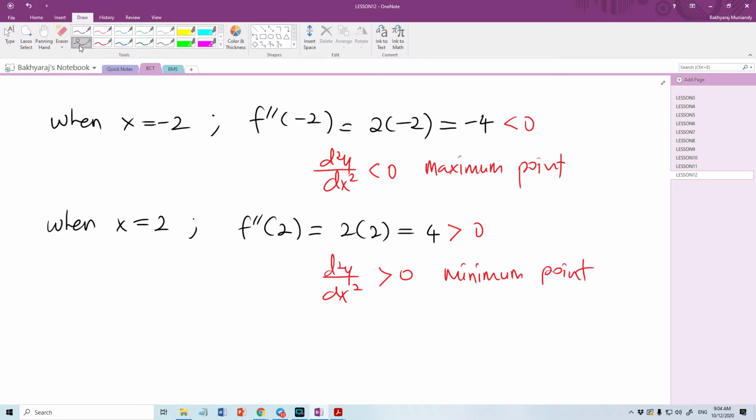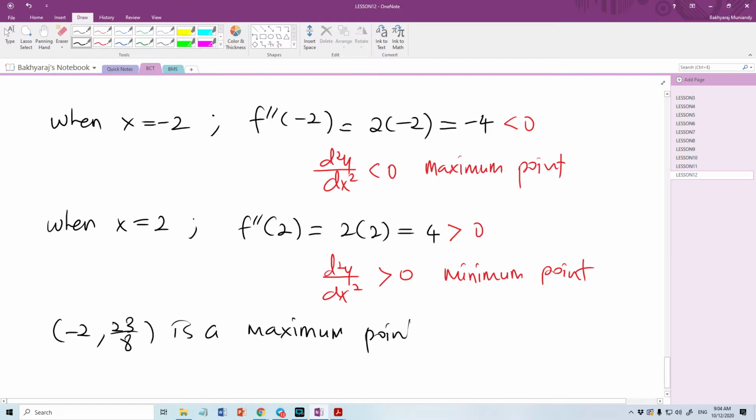So my conclusion is (-2, 28/3) is a maximum point. At the same time, 2 and negative 4 over 3, right? Betul.